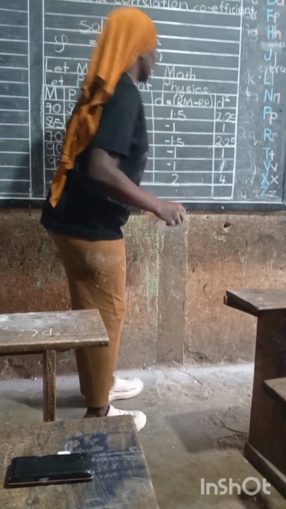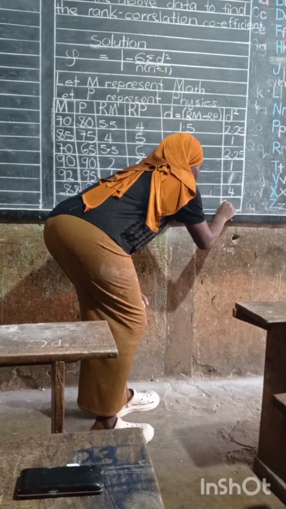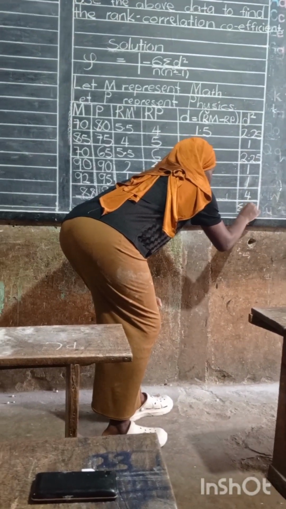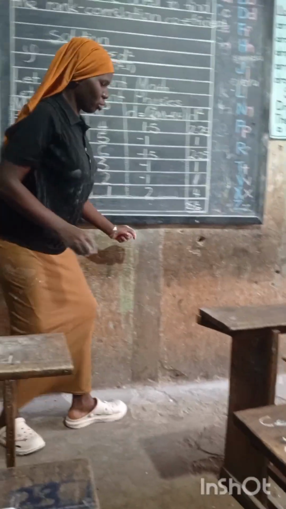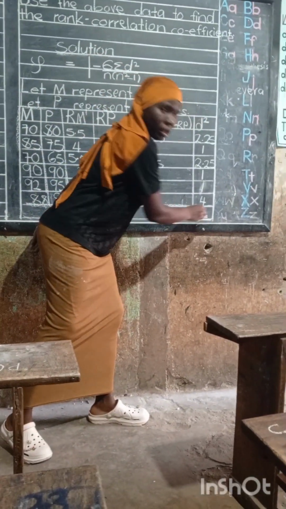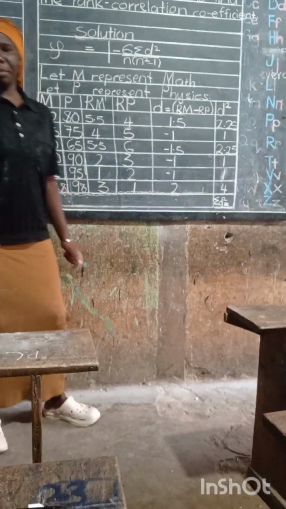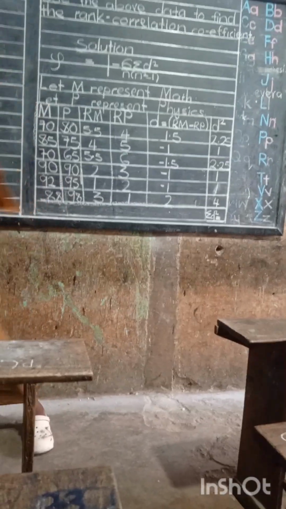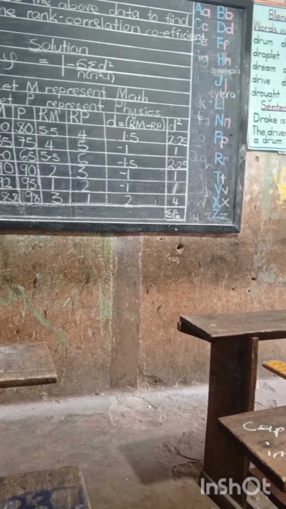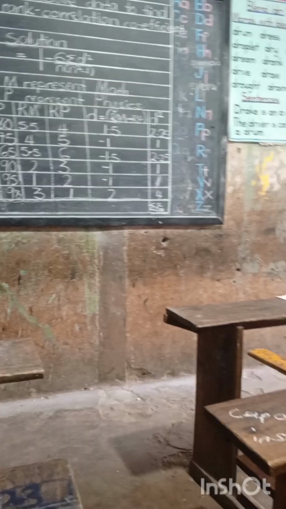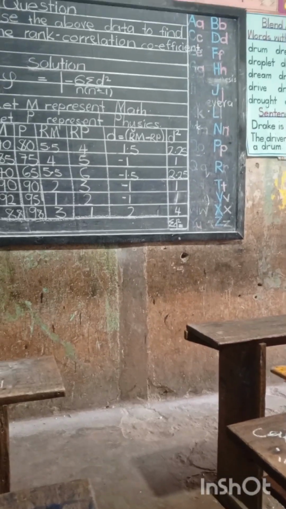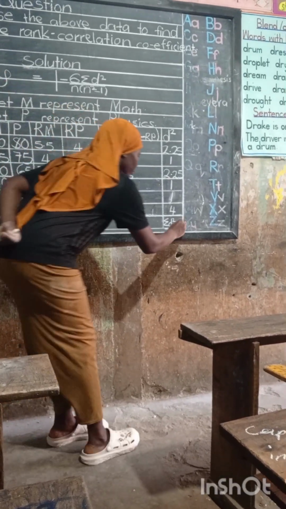So I'm going to get their summation here. Summation of D squared. And that one is going to be, from my calculator here, when I get their summation, I get 11.5.